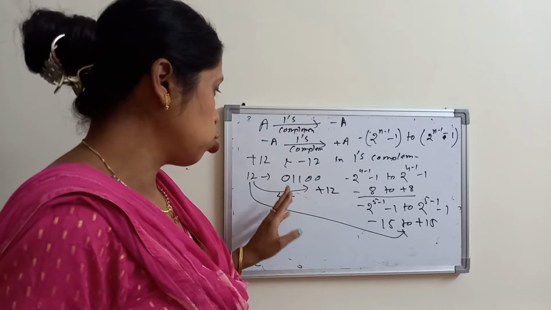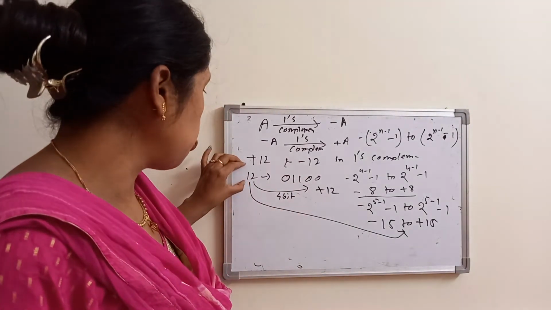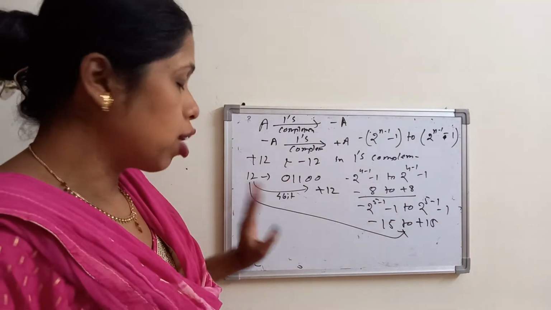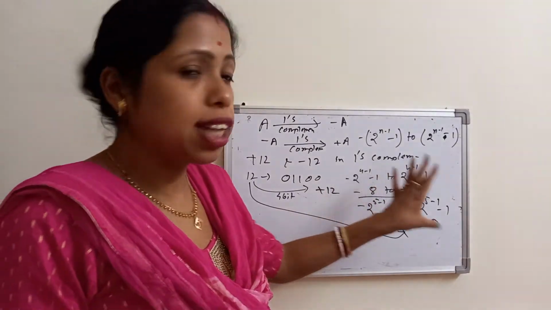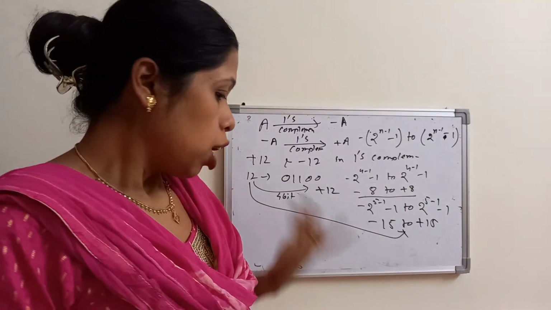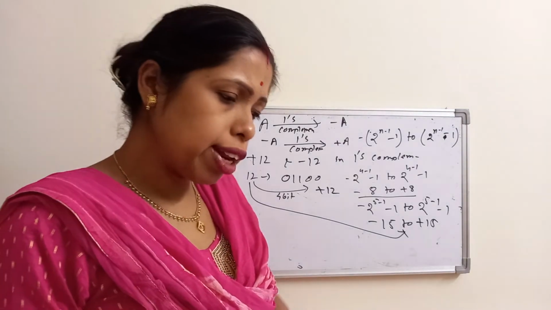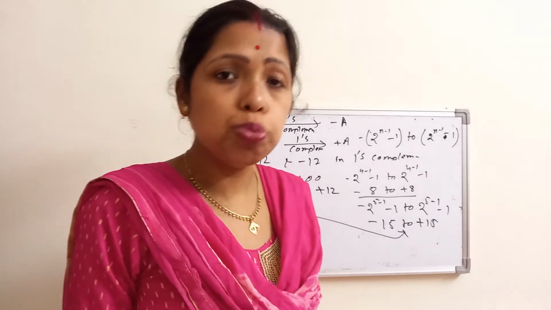Suppose in any positive number the MSB is already 0; then it is not required to check the range. Plus 12 is a positive number, so for any format the MSB should be 0.